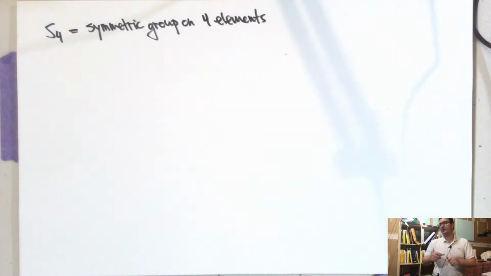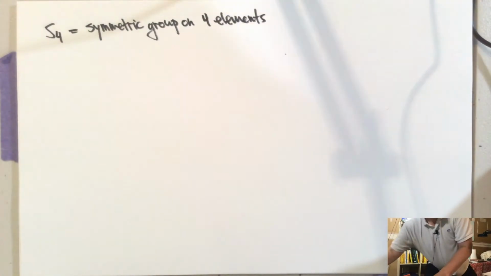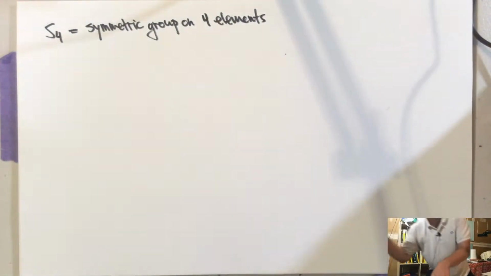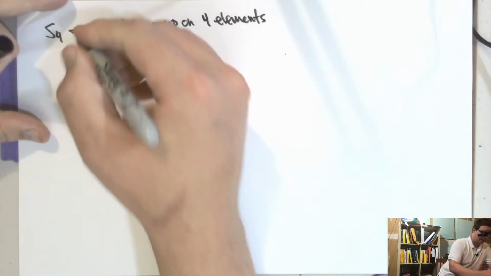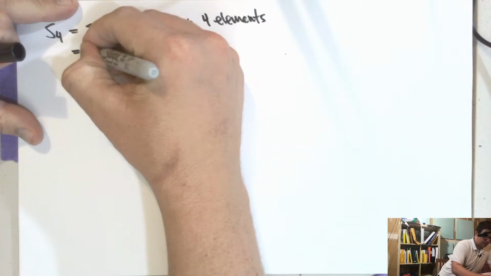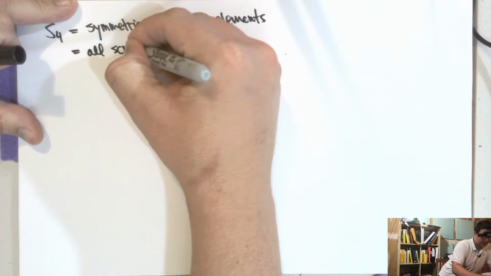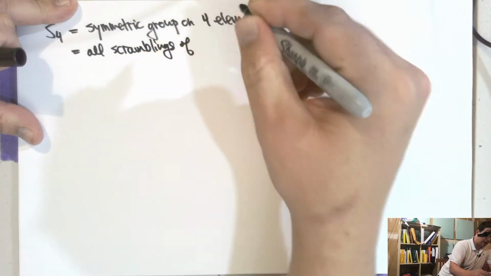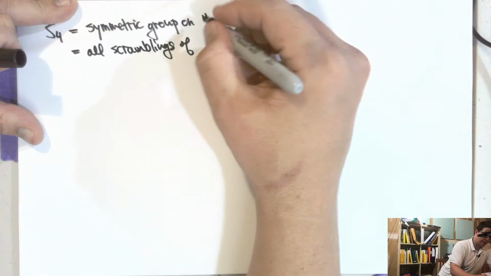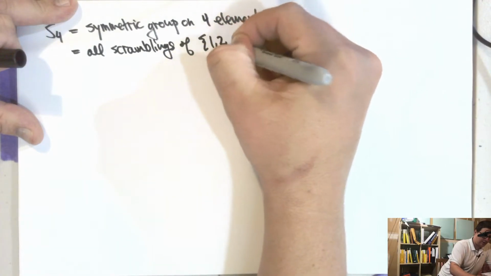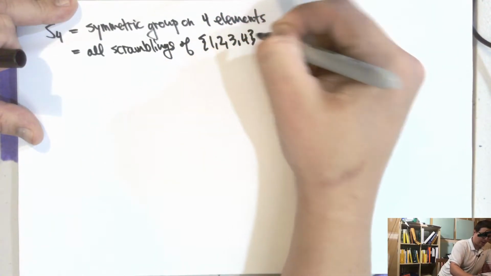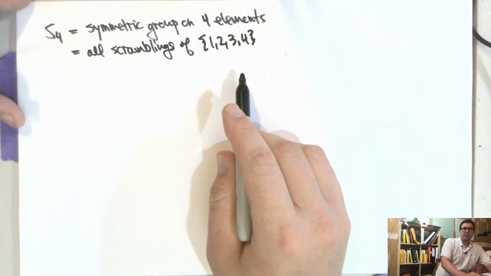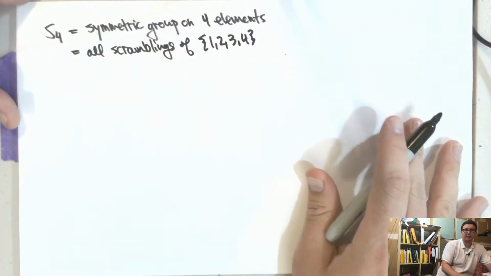Okay, so it is the number of ways to scramble 4 things. So this is all scramblings of the set 1, 2, 3, 4. So all the bijections from 1, 2, 3, 4 to itself. So this is the symmetric group on 4 letters.